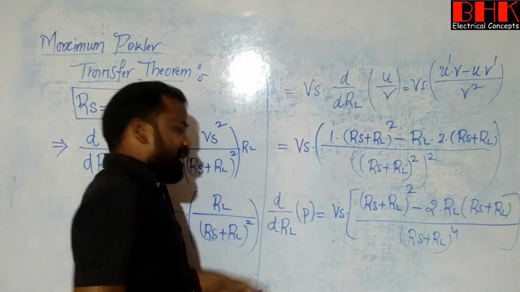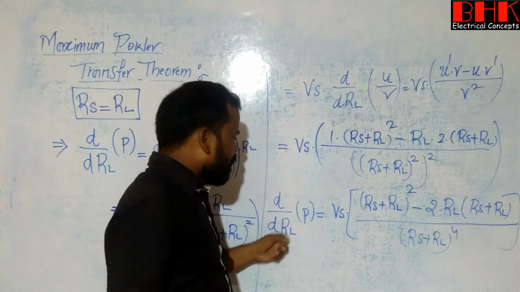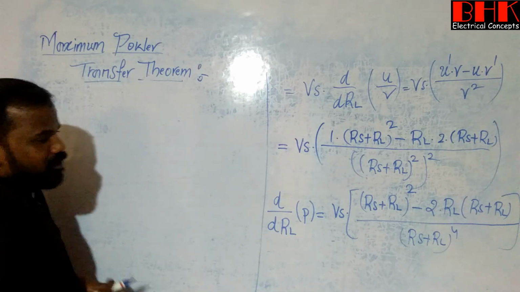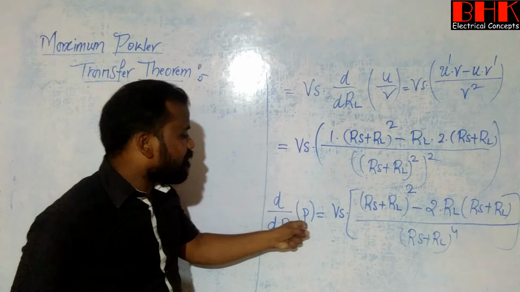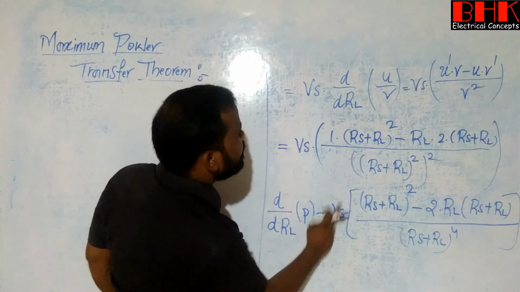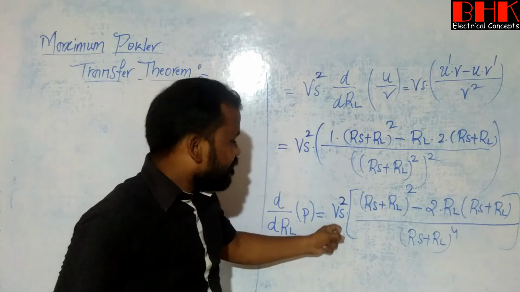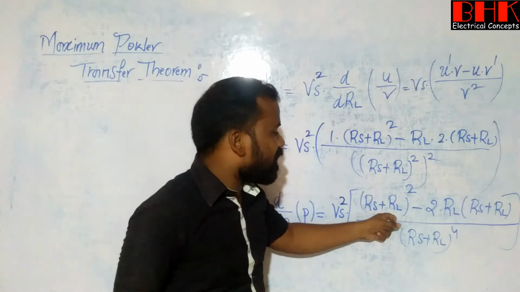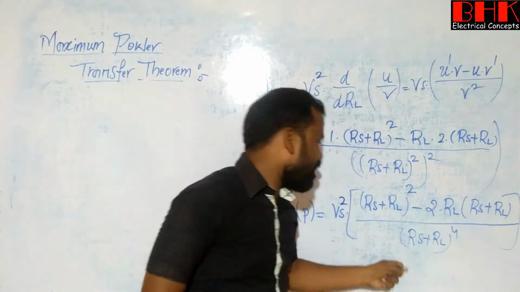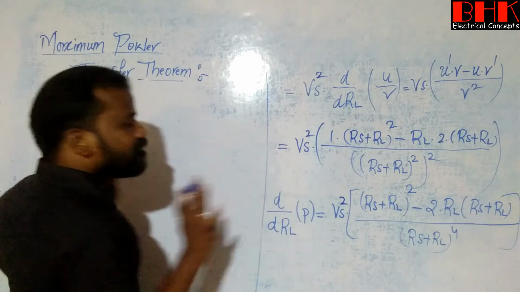Clear? So this is the expression of d by dRL of P. Now again simplify. Now d by dRL of P is equal to Vs square into Rs plus RL whole square minus 2 into RL into Rs plus RL, divided by Rs plus RL whole power 4. Clear? So this one is clear.